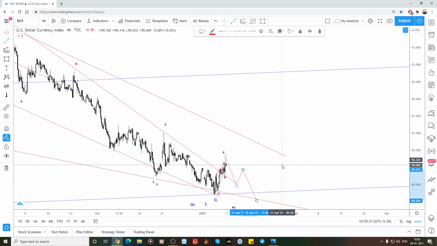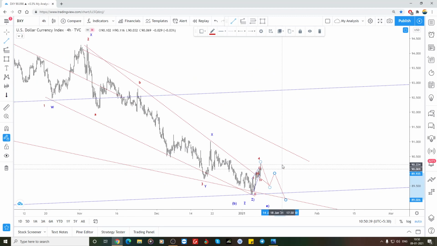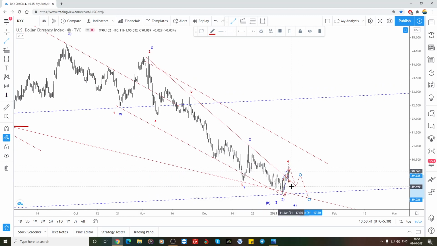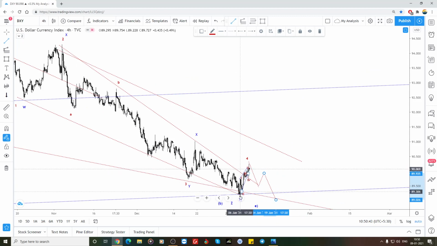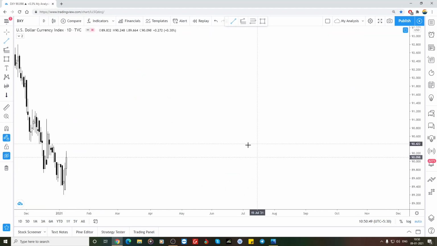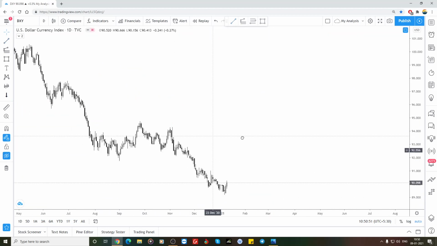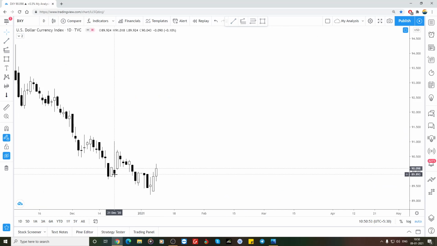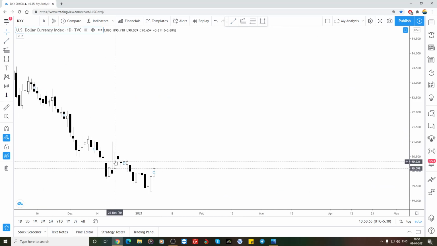And I said the same for USDCAD also. Anyway, it is the final wave, because the weekly candle and the daily candle look very bullish. The first sign is an inverted hammer.